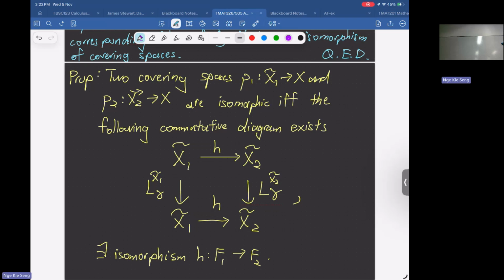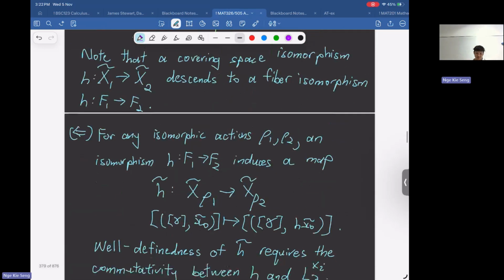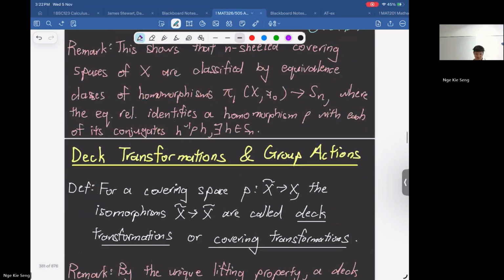I don't recall the name. Okay, next time if I have a chance, maybe I can bring it out again. Okay, so you can try and prove this. Very interesting proof. Not hard also, but you try it out.